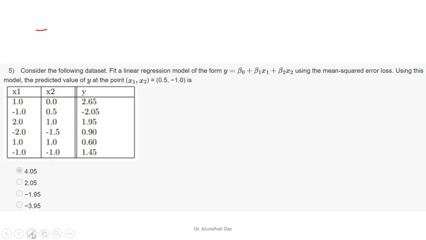So here this data set is given. Now what we need to do is express this data set in matrix format.